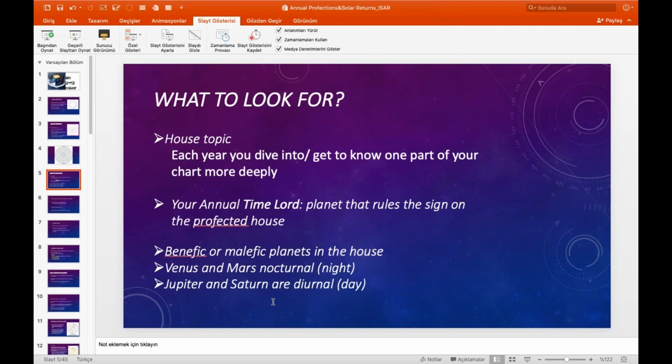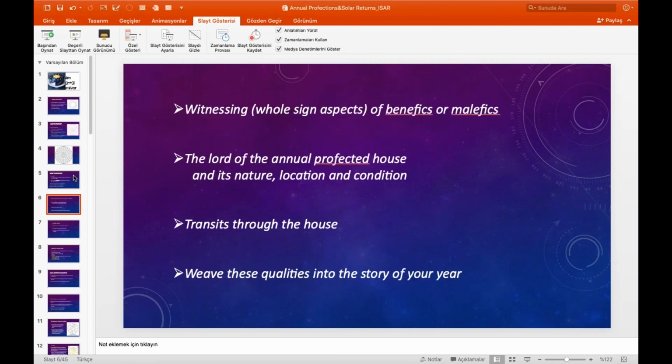Its transits will be more malefic in your life if you have a day chart. But Saturn will be less malefic if you have a day chart. This is general knowledge.